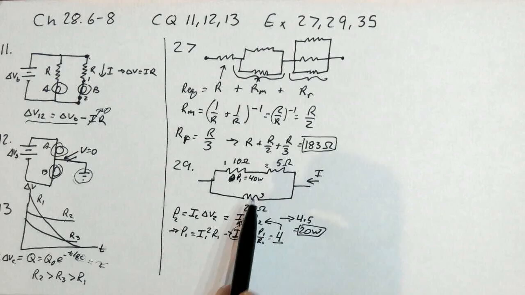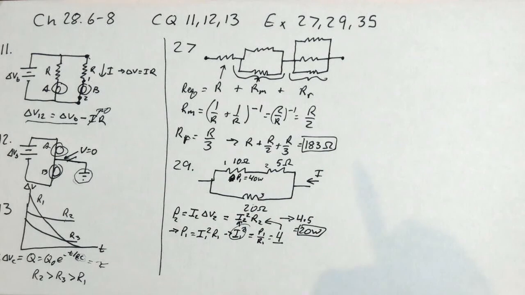Now the last one is to find the power across this one. So we ask ourselves, well, I could write P3 equals I3 delta V3. But how is the current related to it? I know the resistance, maybe I can write it this way. But the thing that's the same between these is the voltage.